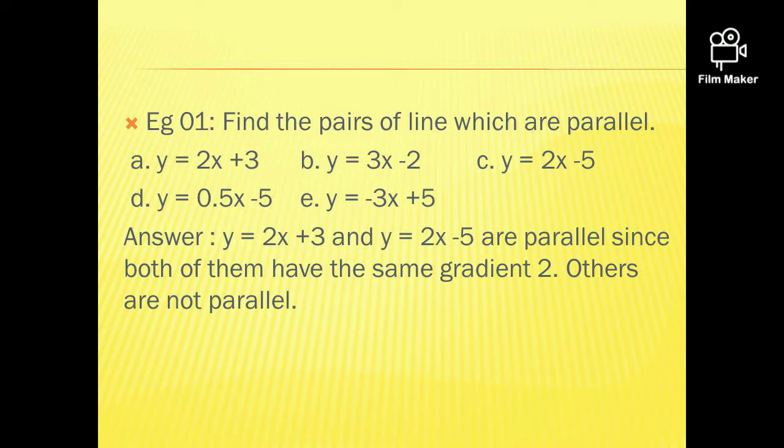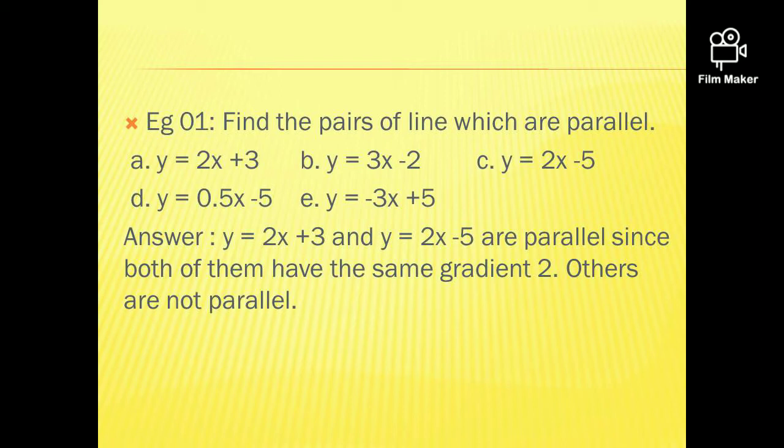So if you refer to these equations, you can understand that the lines y equals 2x plus 3 and y equals 2x minus 5 both have the same gradient too. Therefore, those two lines are the only lines which are parallel to each other. When you are working out this question, from my experience, some students misunderstand that y equals 3x minus 2 and y equals minus 3x plus 5 are parallel to each other.